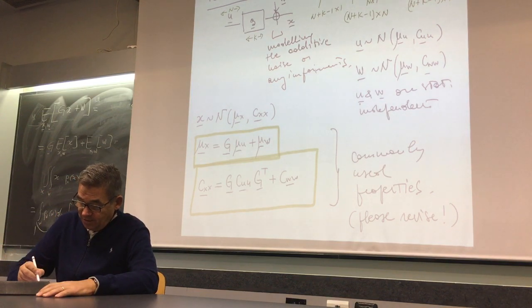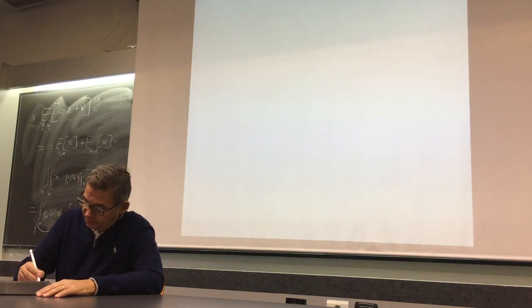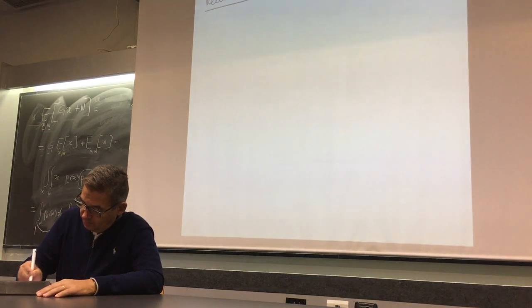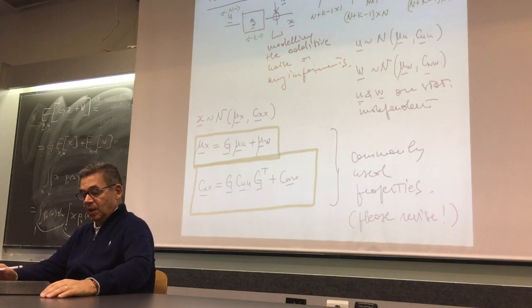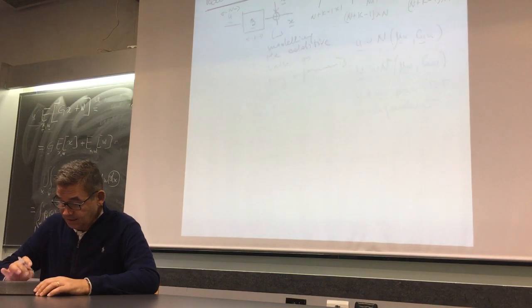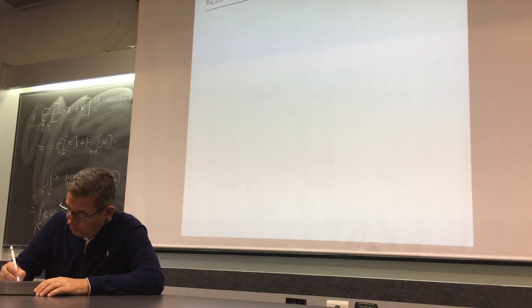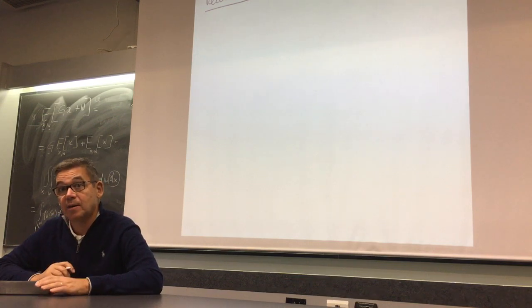Now the second comment, which is a little bit more tricky. Remark number 2. Now this one is a little bit more involved. Let's consider the case where u is white. Okay? So let's make the assumption that CUU is equal to sigma squared u multiplied by the identity.